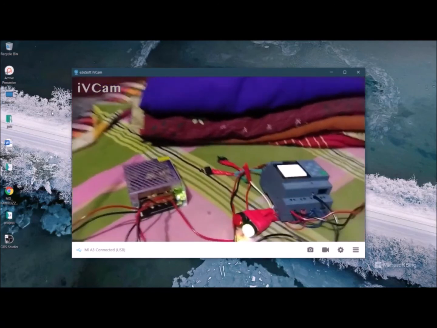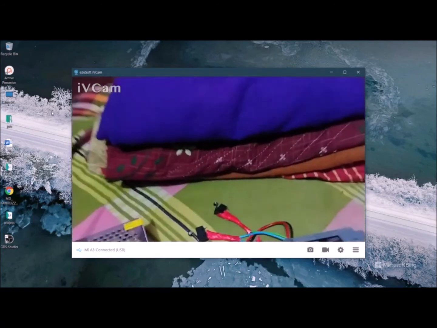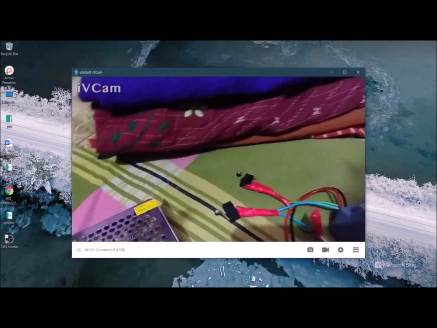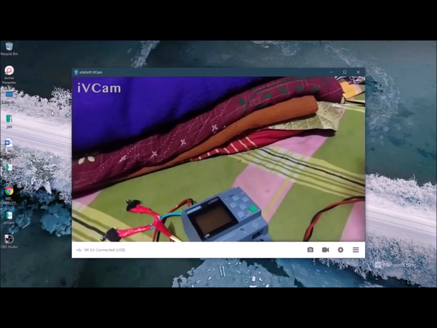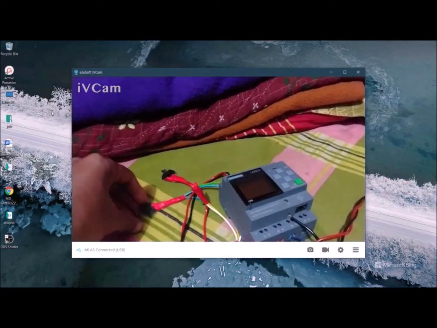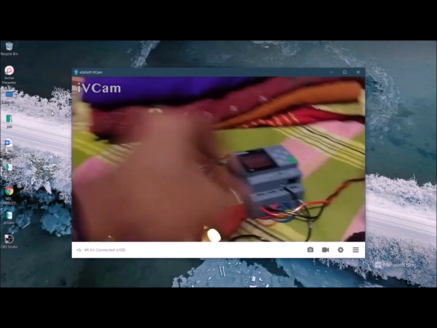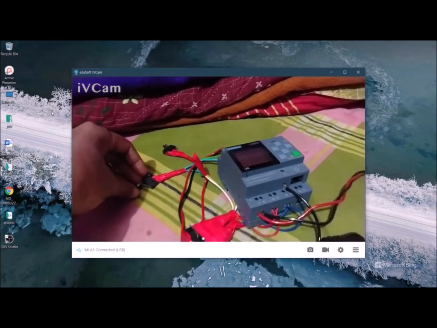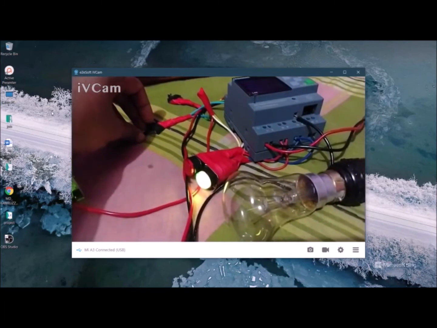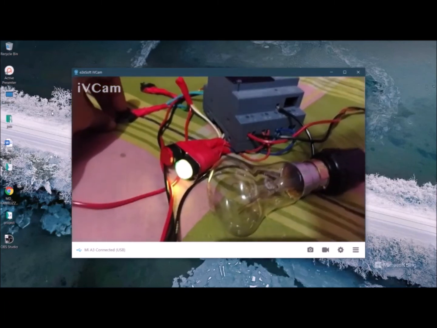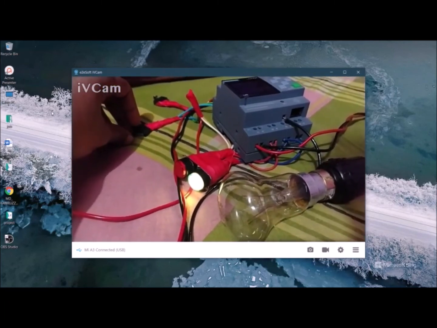Now we'll turn on the system. Okay, now the system is on. There are 2 limit sensors or limit switches. You see, when I press limit switch 1, this bulb will turn on.